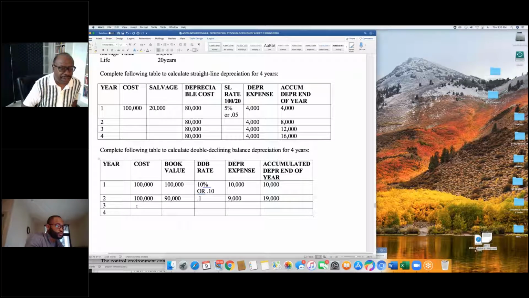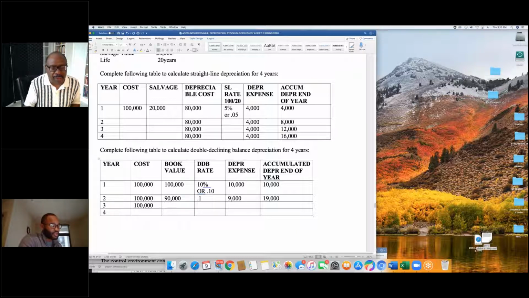Move on to year 3. Still 100,000 here. What's our book value? Would it be 78? How do we get this number?